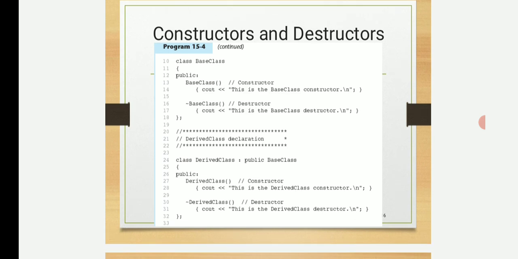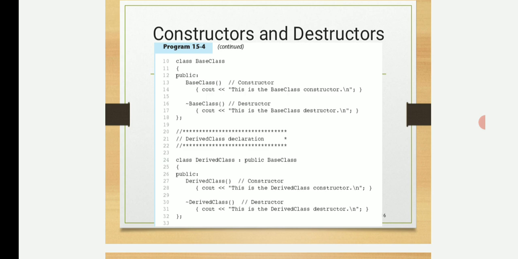Here class is a keyword, BaseClass is the class name. I am giving the access specifier public. Here I am creating one constructor with the same class name. What is the class name here? BaseClass. Here I am giving the BaseClass function. So this is called the constructor.